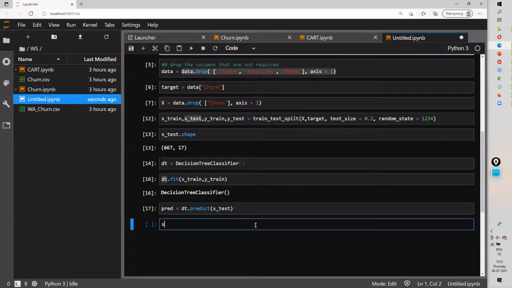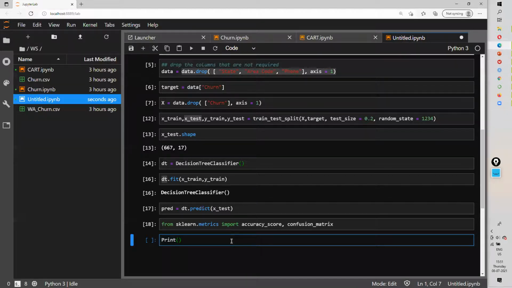So we would say from sklearn dot metrics import accuracy score, confusion matrix. For now, these two are enough. I would not go with the remaining.